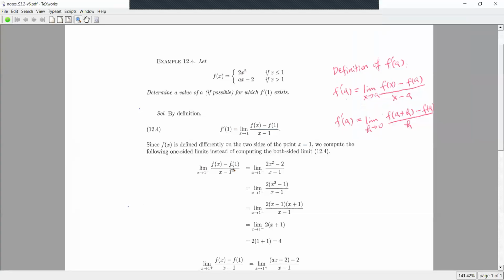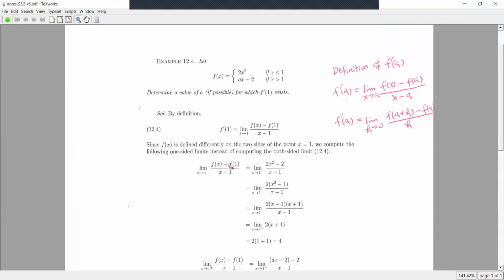This is the left-hand side limit at the point 1. x approaches 1 from the left side, so x is less than 1. In this case, the function f is 2 times x squared.